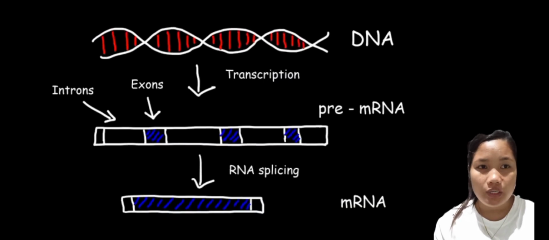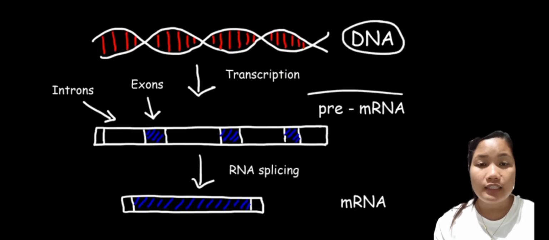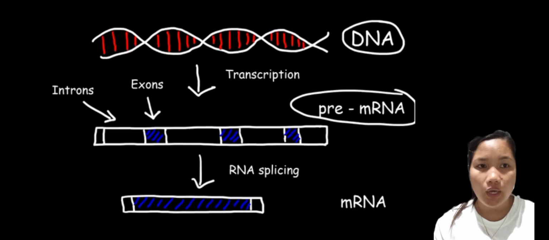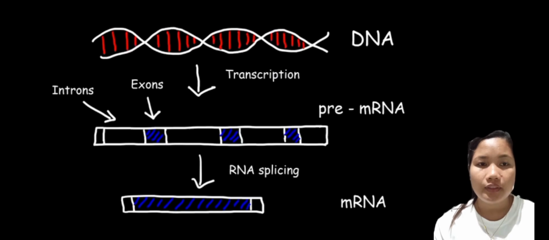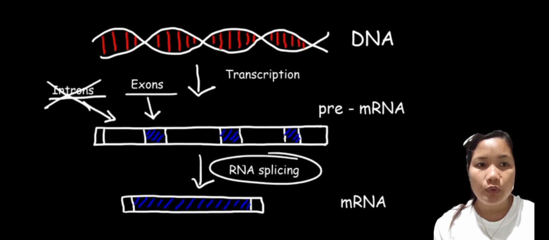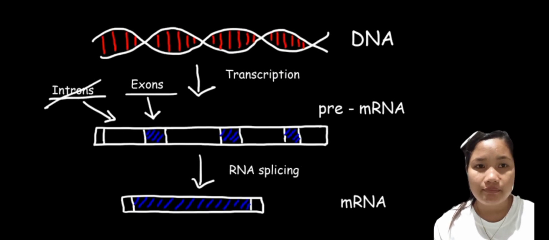At the end of the termination step during transcription, DNA has been used to create a pre-messenger RNA strand. This particular strand has something known as introns and exons. Introns are longer sequences of nucleotides that do not code for anything, so they must be removed in a process known as RNA splicing.